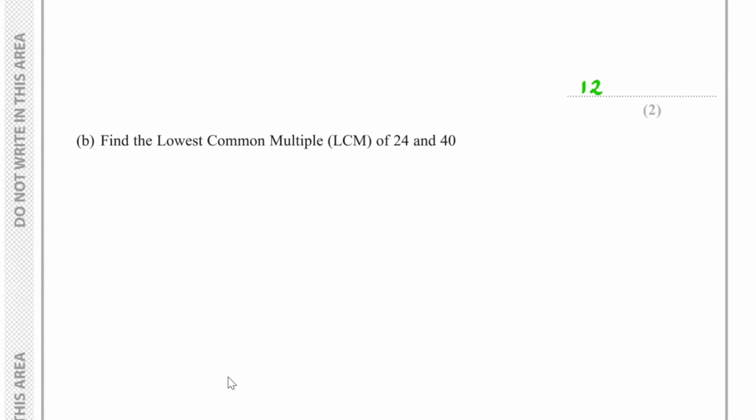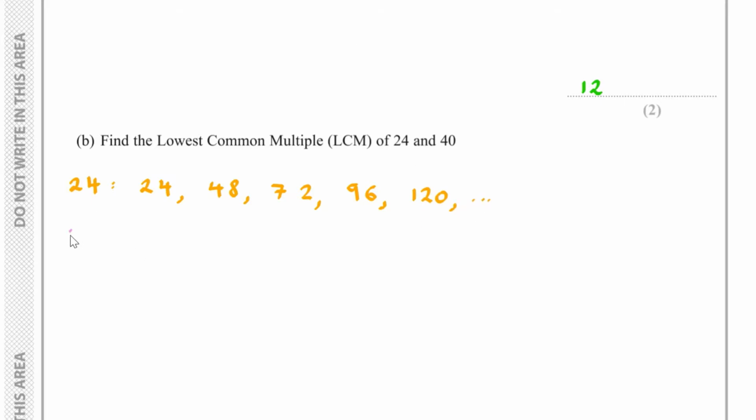Next, we have to find the lowest common multiple of 24 and 40. Well, let's begin by writing out the multiples of 24. We've got 24, 48, 72, 96, 120, and we could continue.